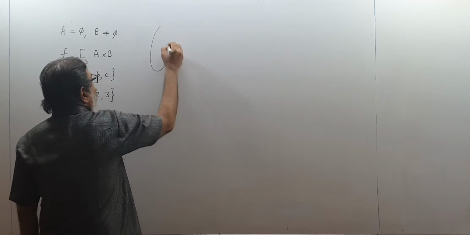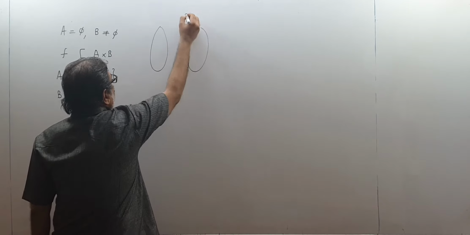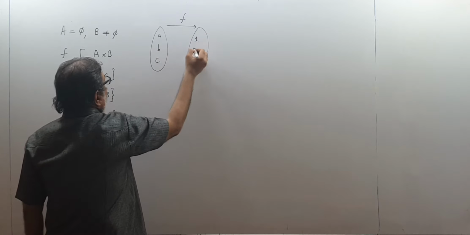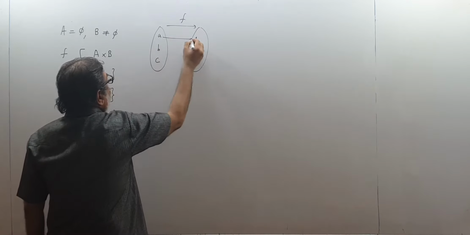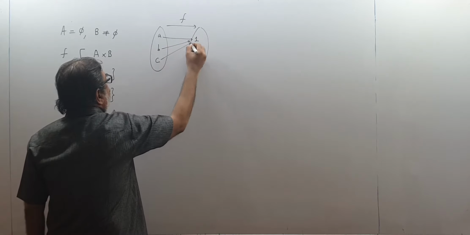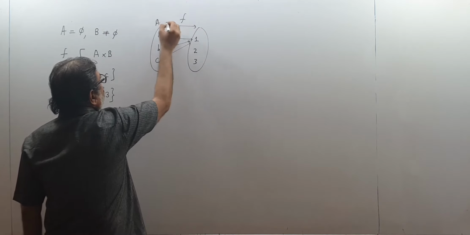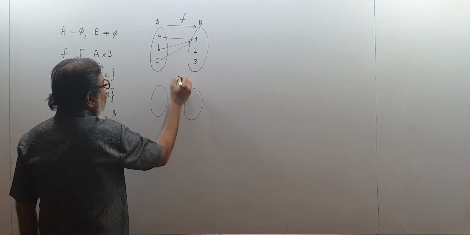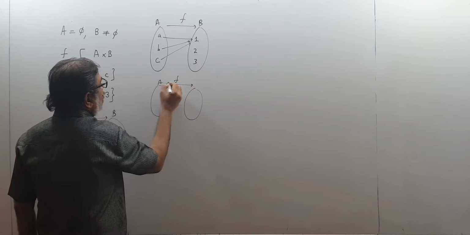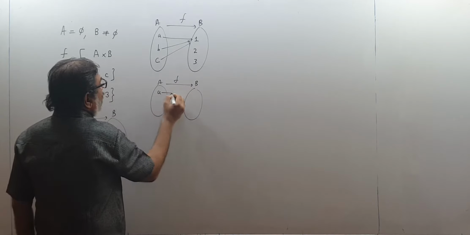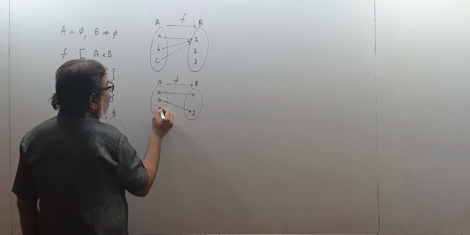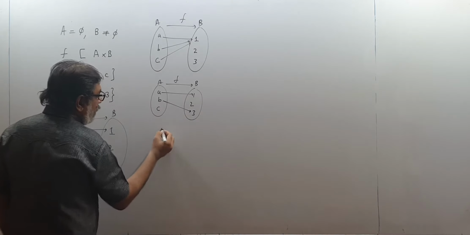In another situation, I draw plenty of situations for you so that you understand nicely. 1, 2, 3, like this we are having. This is of course A and this is B. I have a situation like this, A to B. A corresponds to 1, B corresponds to 3 and then C over here.